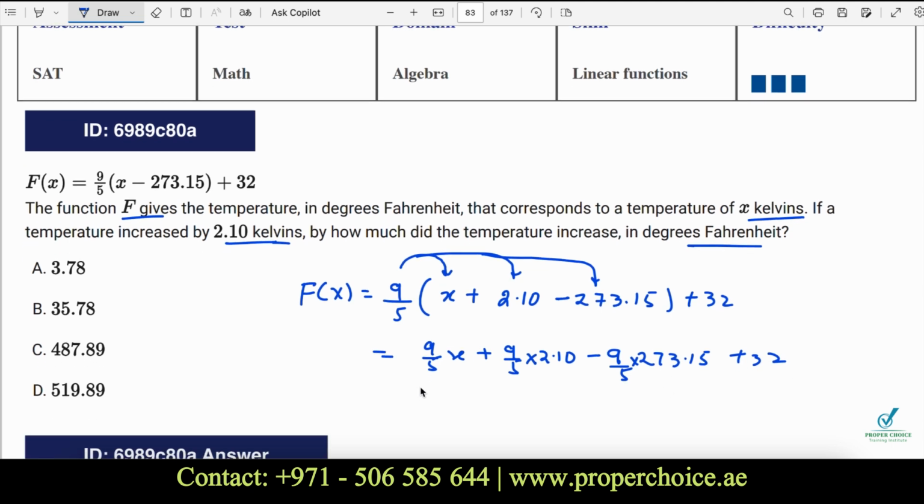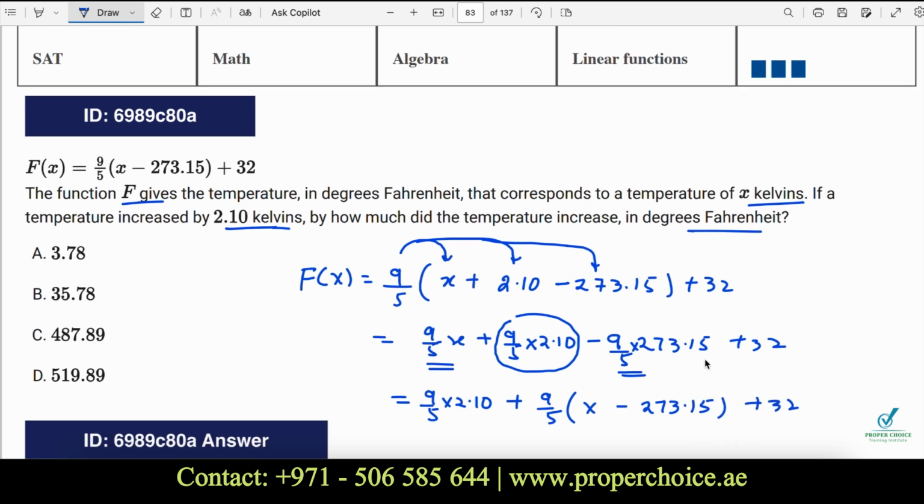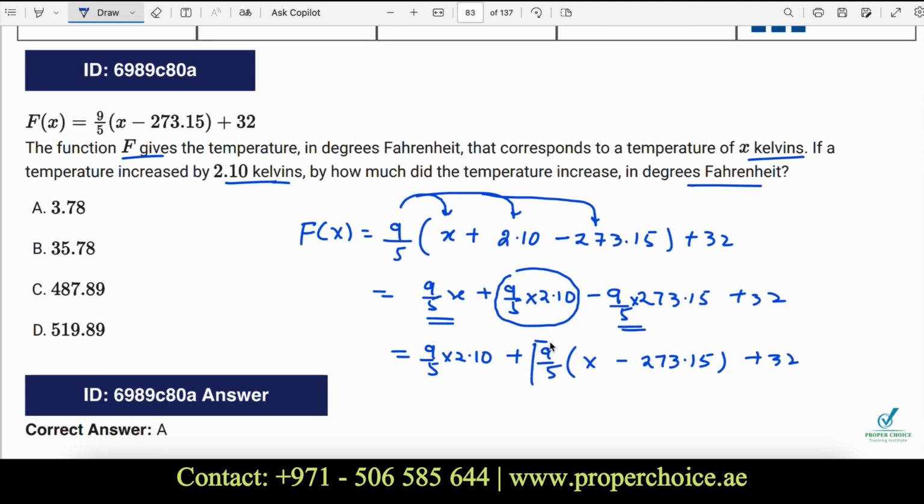What I can see here is the part which is representing an increment, because 9 by 5 times x minus 9 by 5 times 273.15 plus 32. If you rewrite that, it's going to be 9 by 5 times 2.10 plus, if you take 9 by 5 as a common factor from this part, 9 by 5 in the bracket, it turns out to be x minus 273.15, plus 32, which is already there and is the same as the original function f of x.